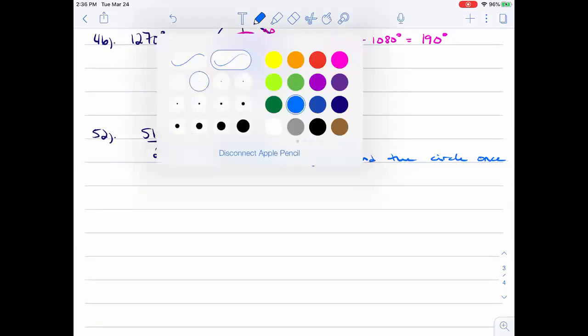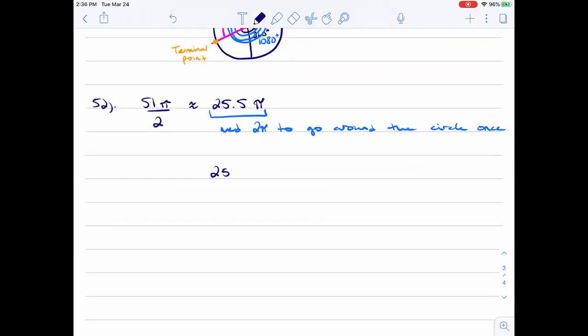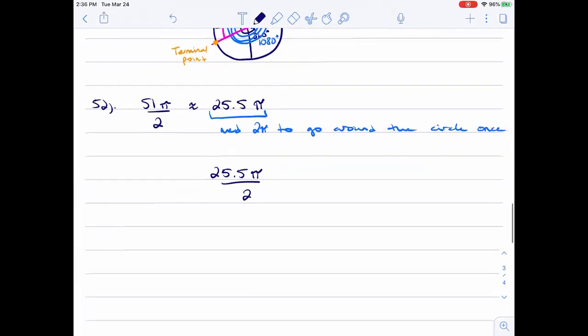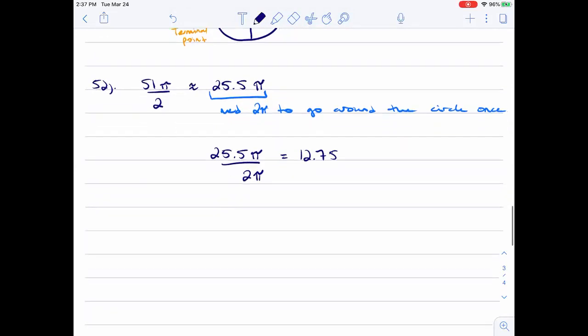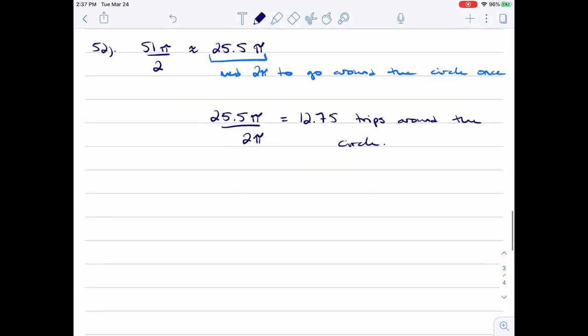So what I do in my mind is take 25.5 pi divided by 2 pi, and I get 12.75 trips around the circle. So 12 whole trips and then 0.75.